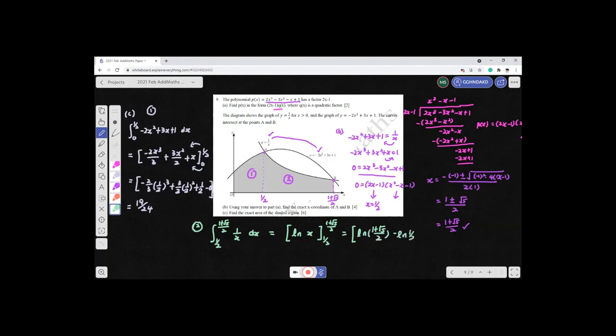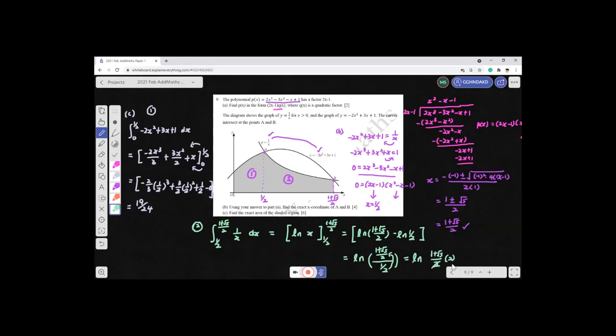ln of 1 over 2. Because it's minus in a ln, minus means what? It means that you divide 1 plus square root 5 over 2 by 1 over 2. By looking at this, divide, you can bring the 2 out, become times. So indirectly, it means that it's 1 plus square root 5 over 2 times 2.